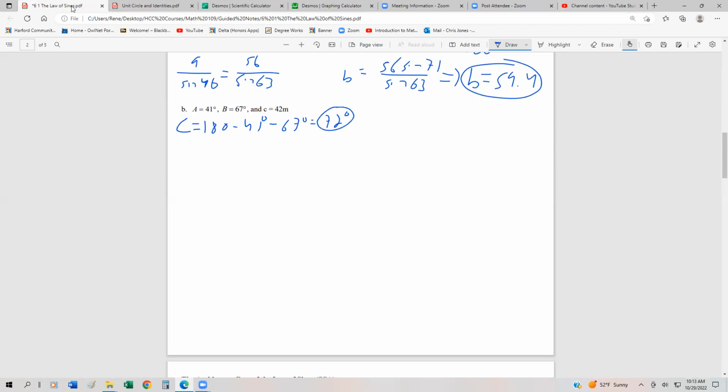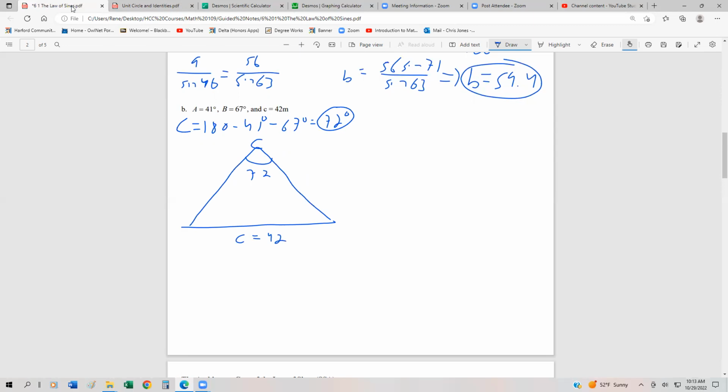And so that way, when we construct our triangle, now we know what we're looking at. I'm just going to draw something like this. They're not all that far apart. If I call this C, which is 72, I'm going to call this side C, which is 42.